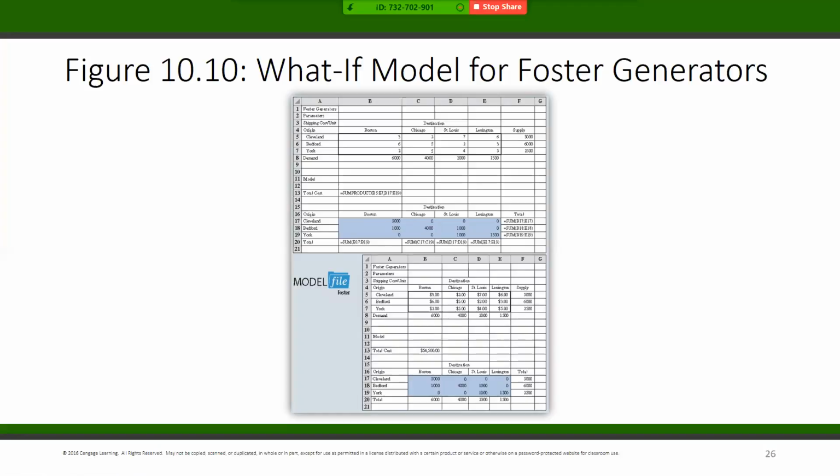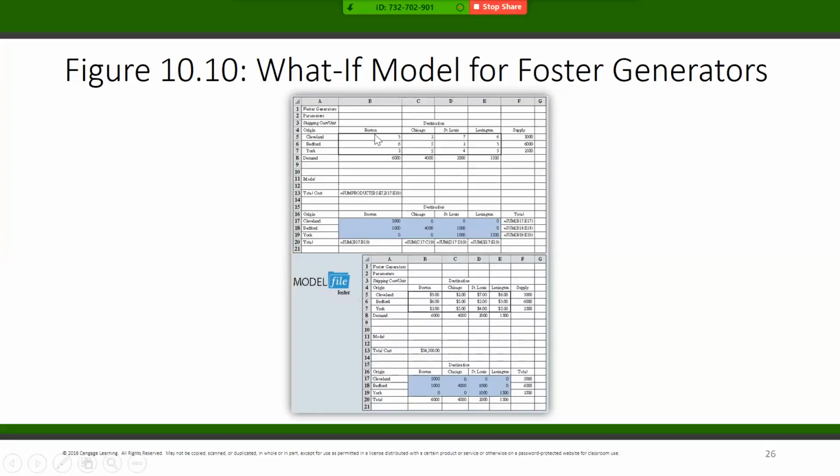Now the general form of the sum product is going to be sum product of array 1 comma array 2. And what we have is array 1 is going to be maybe all of these cells, and array 2 is going to be all of these cells. So that's what we're going to be doing here. The function basically pairs each element of the first array with its counterpart in the second array, multiplies the elements of the pair together, and then adds them together to get our final result, the sum product. Okay, so in B13 there, we have the sum product of B5 colon E7 comma B17 to E19.